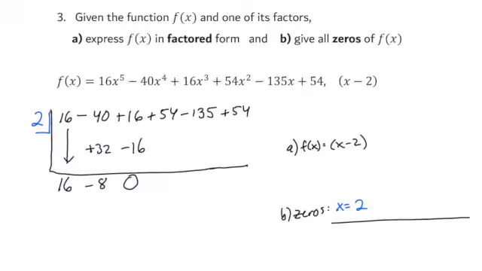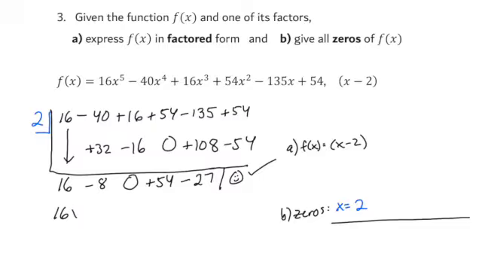There's a 0, 0 times 2 is 0, 54 and 0 is 54, 54 times 2 is positive 108, negative 135 and positive 108 is negative 27, and negative 27 times positive 2 is negative 54, giving us that expected remainder of 0. Gives us a little confidence boost, no careless mistakes.